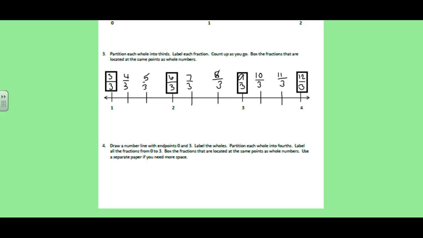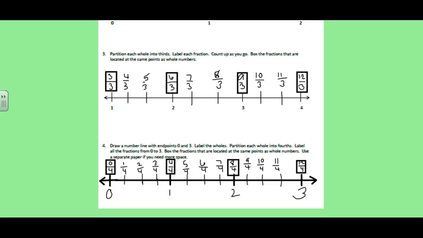And then all of the fractions are going to have to be labeled on your number line. You still have to box in the fractions that are equal to the whole numbers like we've done on every other number line on this paper. And it says use a separate sheet of paper if you need more space, but you really shouldn't need more space to do this one. So you can check your answer with mine once I have it drawn on here.